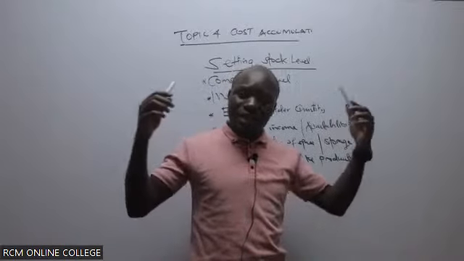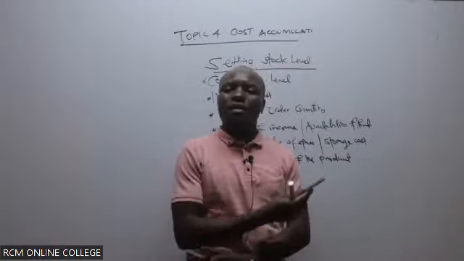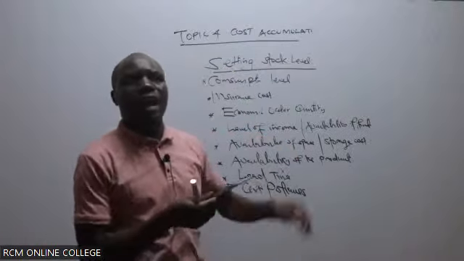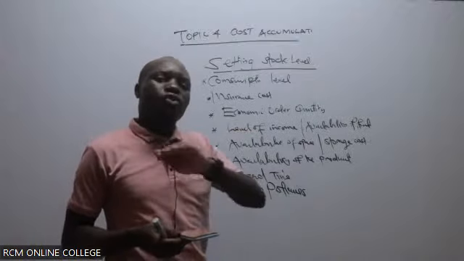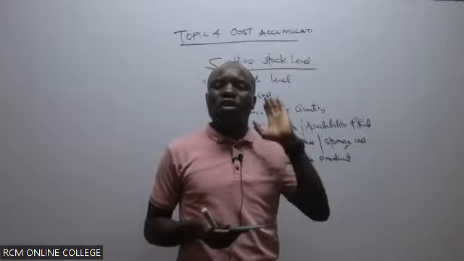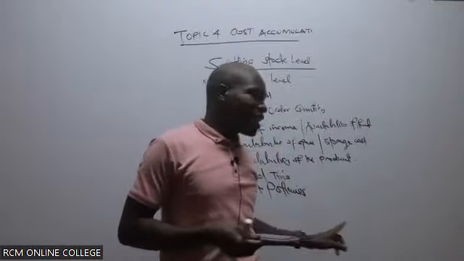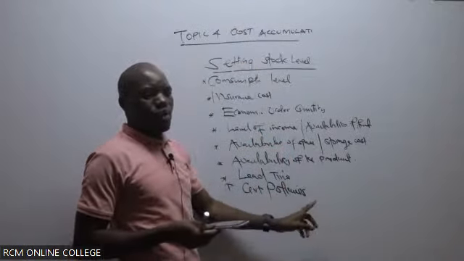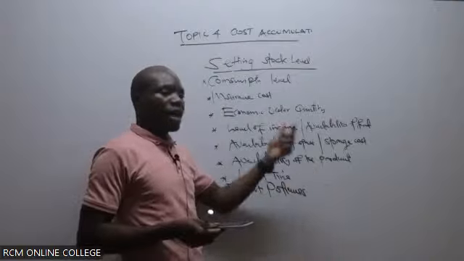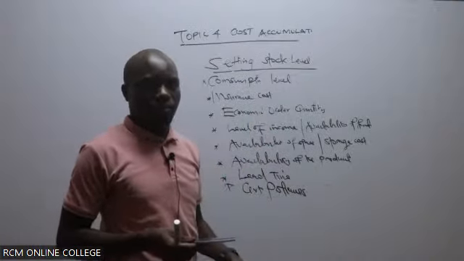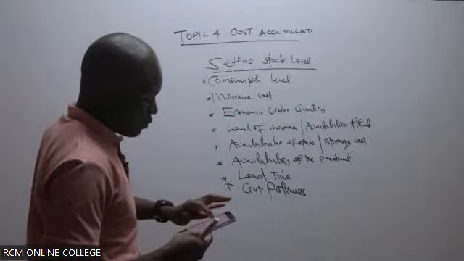So if you are 10 suppliers or importers, and the first importer has already taken half of the allowed quantity, the remaining importers have to share the balance. You cannot produce or bring in more than what is required. So that cap, that limitation, that policy will influence the quantity you are going to order or have at any given time. So that is under setting of the stock level.